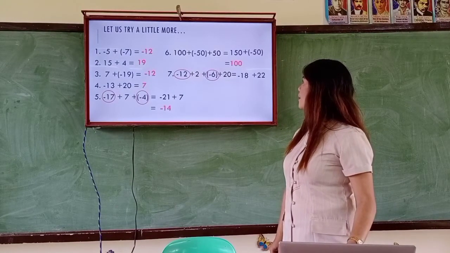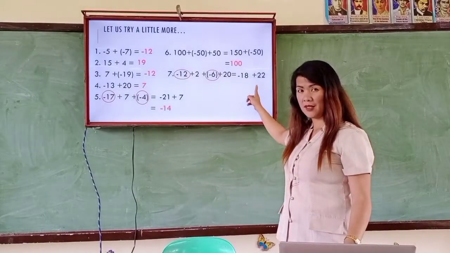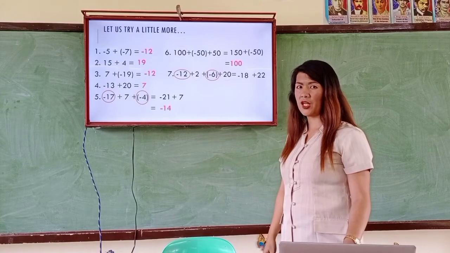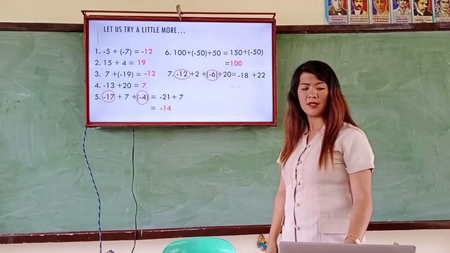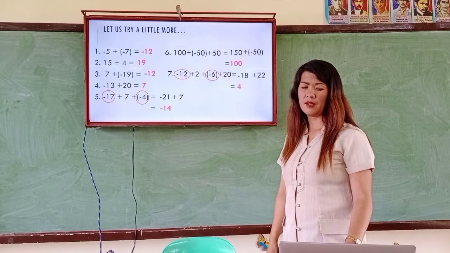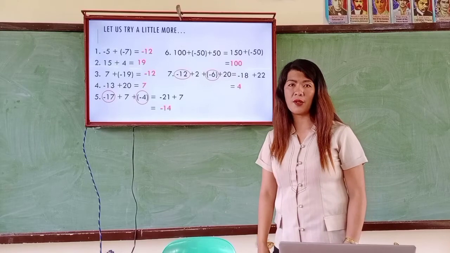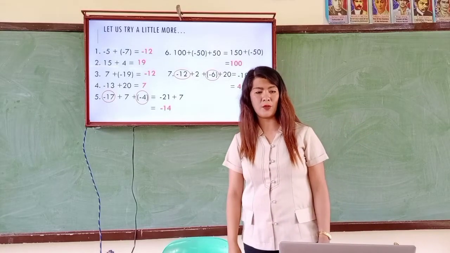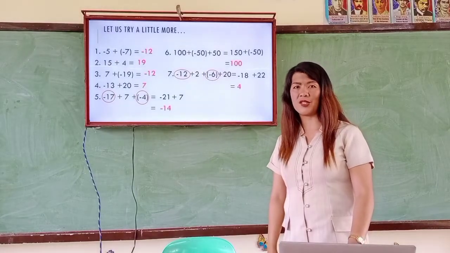So negative 18 plus 22. Since they have different signs, you are going to subtract. So 22 minus 18 is 4. So positive 4, since 22 has the greater absolute value. Okay, so that is how to add integers.